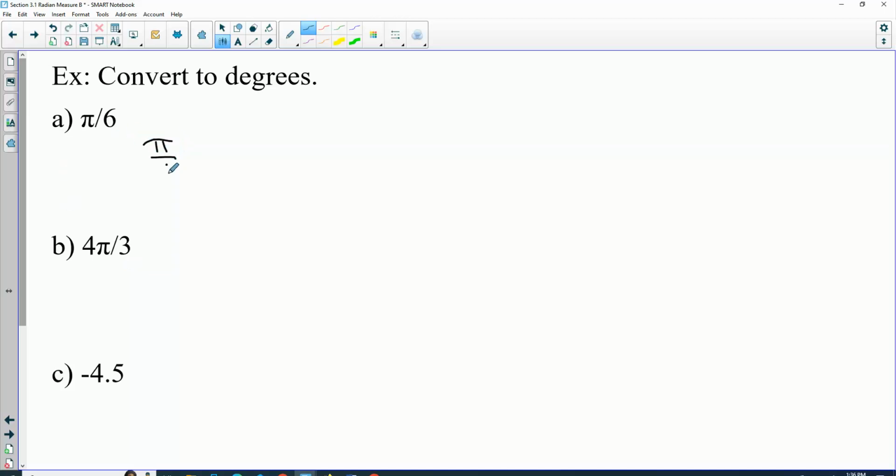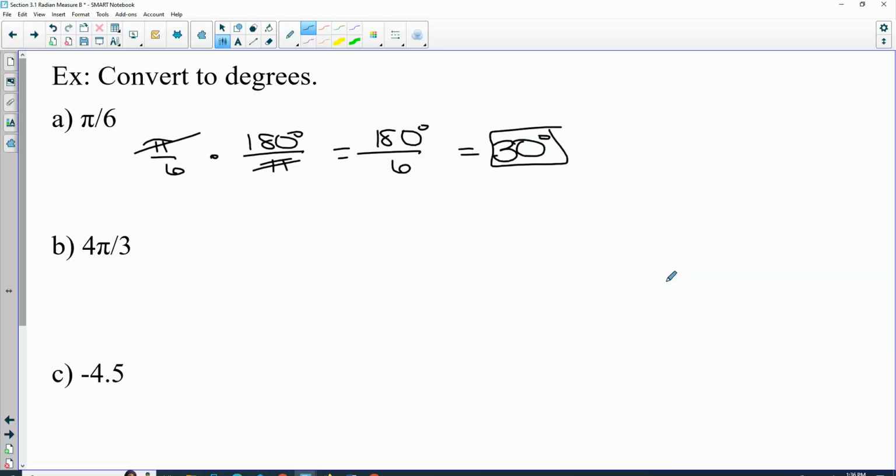Taking pi over 6 times 180 over pi. In this one, those pi's cancel. So you just have 180 over 6. Or 30 degrees.